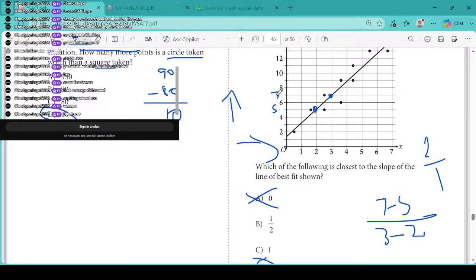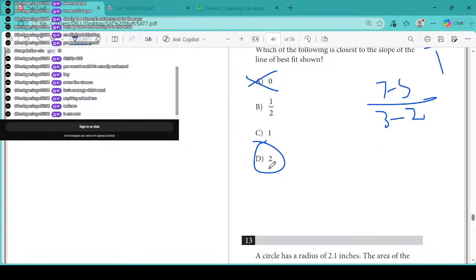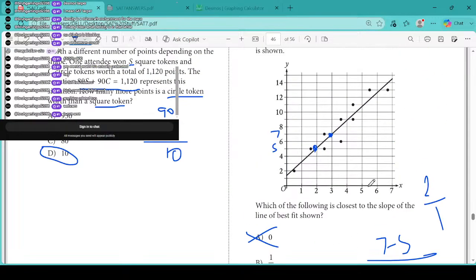So it's the vertical over the horizontal change. The vertical change is 2, the horizontal change is 1. It doesn't really look like a slope of 2, but you can see the spacing is different.